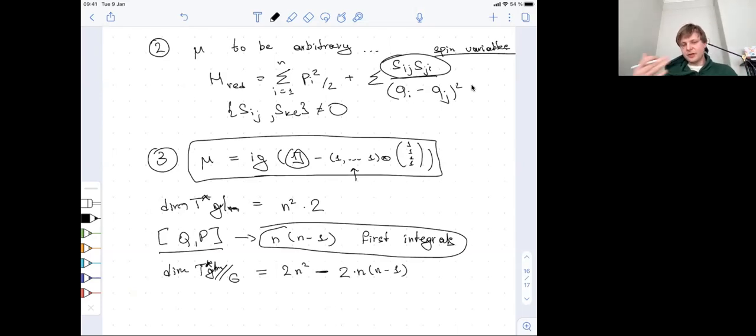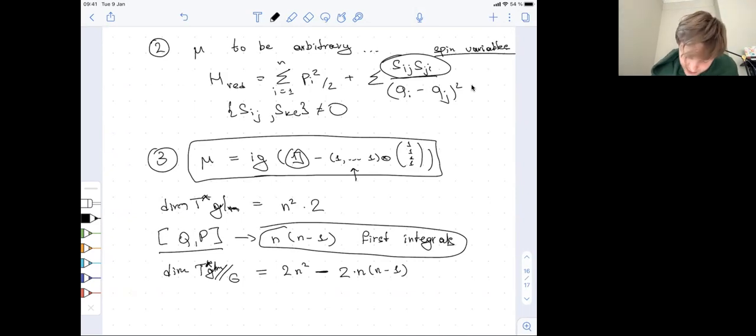Because you think about first integrals as the action variables, but you can always find the angle variables, and that's how you take n minus 1 degrees of freedom, but in the language of dimensions, you take 2n minus 1.